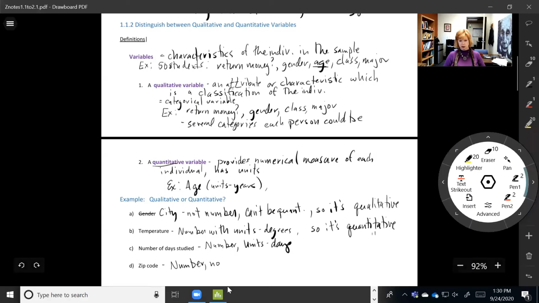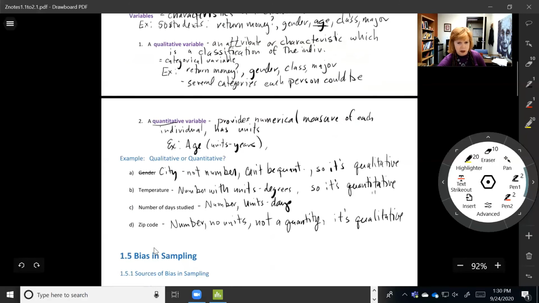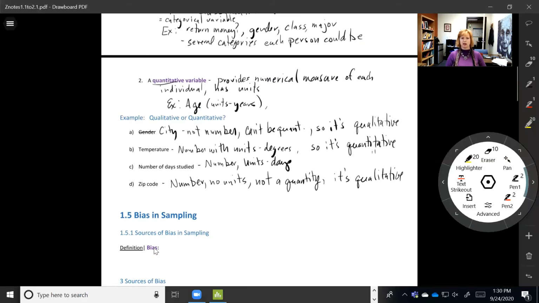Zip code is a number, but it has no units, and it's not an amount. So it's not a quantity of something. It's qualitative. So being a number by itself doesn't make it a quantitative variable. It has to be a quantity, it has to be a number.